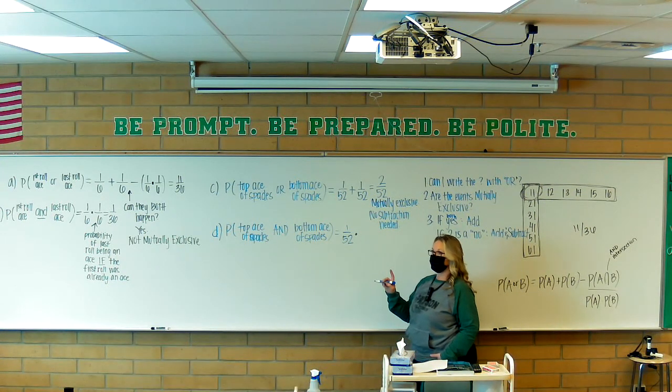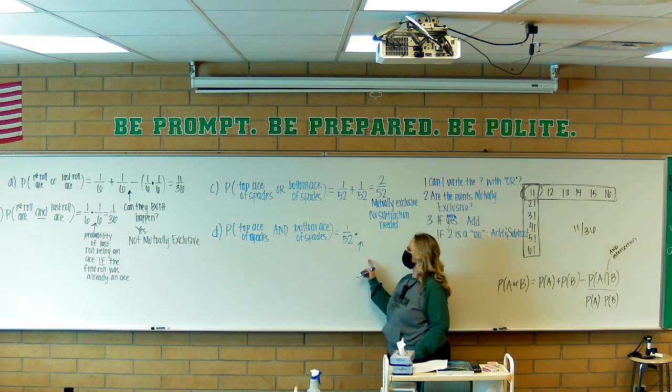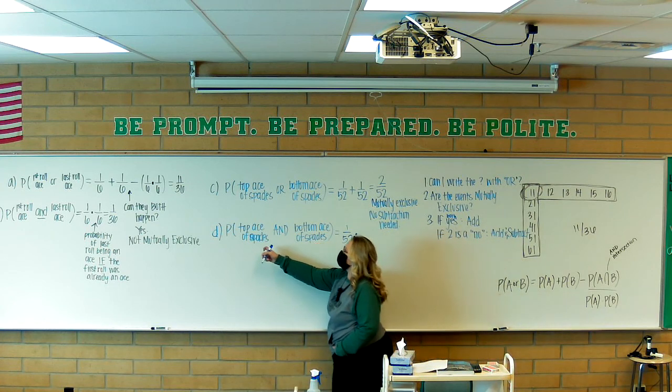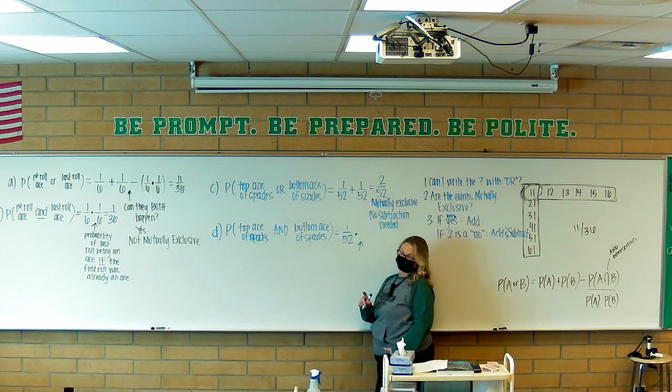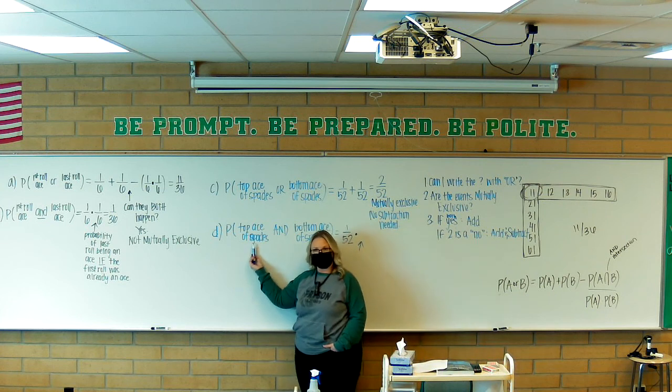Now remember, if I'm using multiplication, before I can write that, I have to make sure it is the probability of this event happening given that this one already took place. Can the bottom card be the ace of spades if the top card was already the ace of spades? You can't. So if it can't happen, what's the probability? 0.